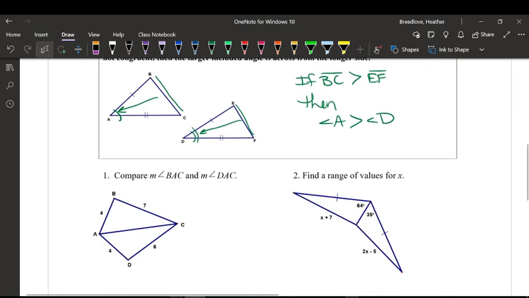Okay, so one way of doing this is to compare the angles. Compare the measure of angle BAC and the measure of angle DAC.